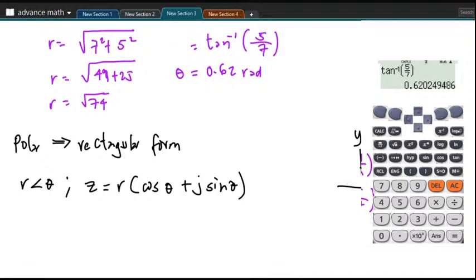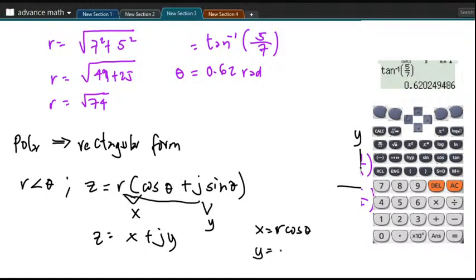If we solve for x, x is equal to r cosine theta, and y is equal to r sine theta. So in converting polar to rectangular, we solve x with r cosine theta and y with r sine theta. So z equals r cosine theta plus j sine theta, which is also equal to x plus j y, wherein x is equal to r cosine theta, and y is equal to r sine theta.